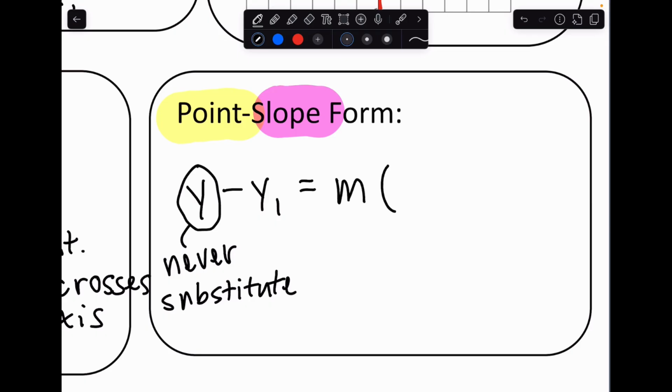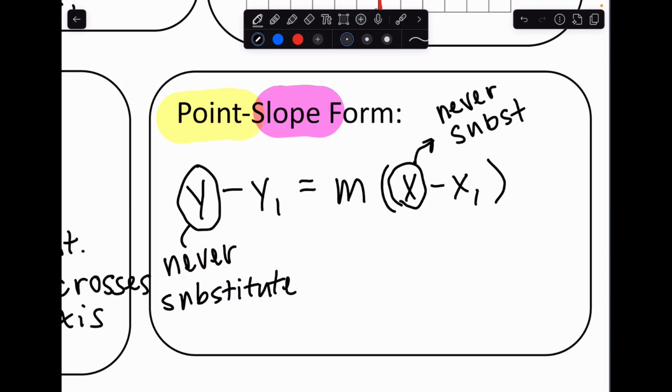Okay, so then we have our m, which is our slope, times x minus x1. So again, this x, we never substitute either. Only our y1 and our x1. Okay, that's what comes from our point. Only these two.